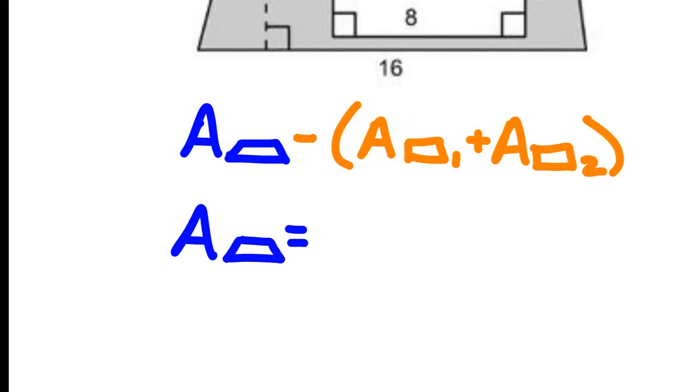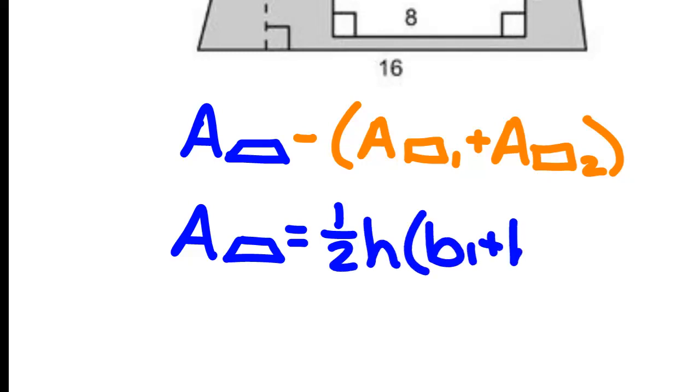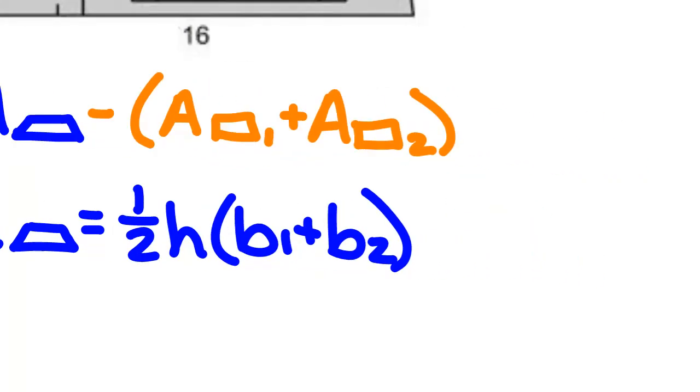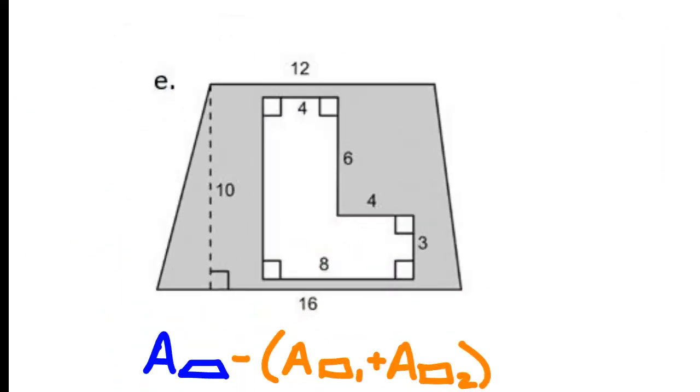To find the area of the trapezoid, what is our formula? Absolutely correct. 1/2 times the height times base 1 plus base 2. What is the height of this trapezoid? 10. Right here. I know it's the height because it's making a right angle with my bases. So here's my height.